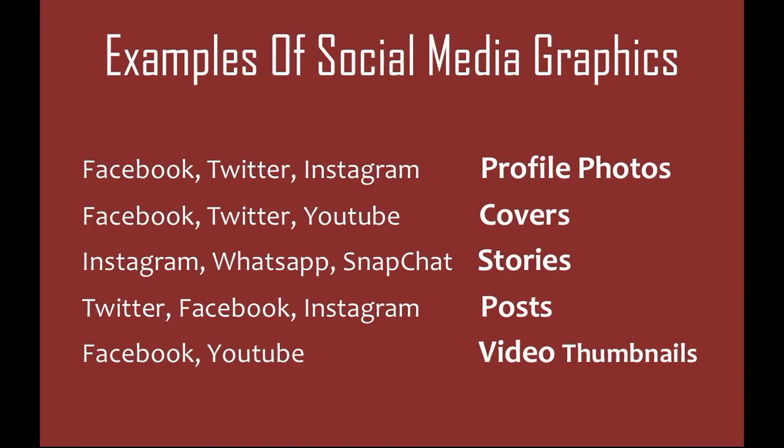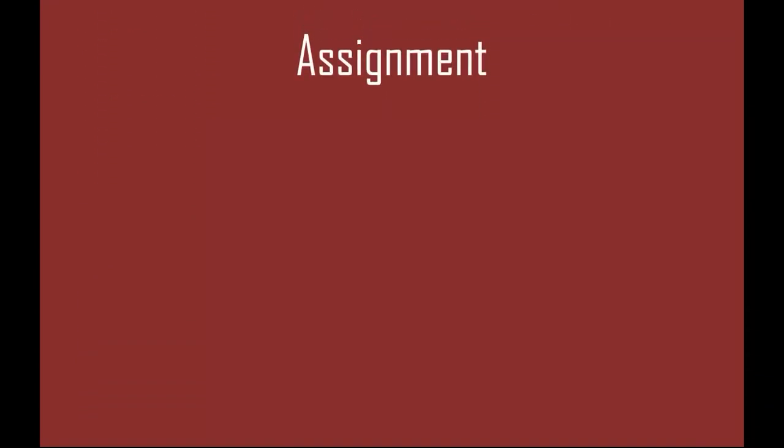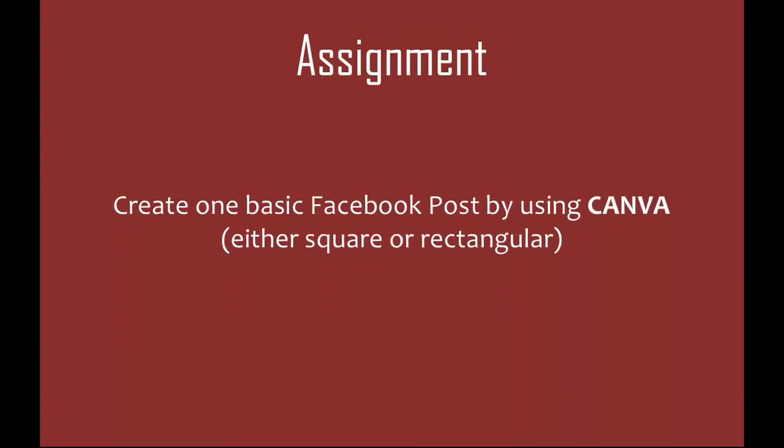Now after this lecture, we have an assignment for you, and what is your assignment? Create one basic Facebook post by using Canva, either a square or rectangle. Now, you need to download Canva from your Play Store or from your App Store. A link will be provided in a group or an email, or you can ask in the comments to get the link for Canva.